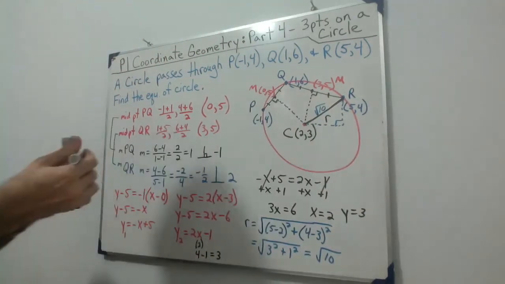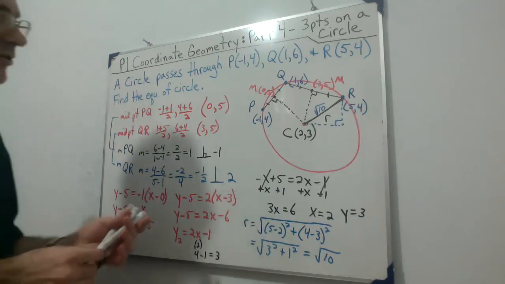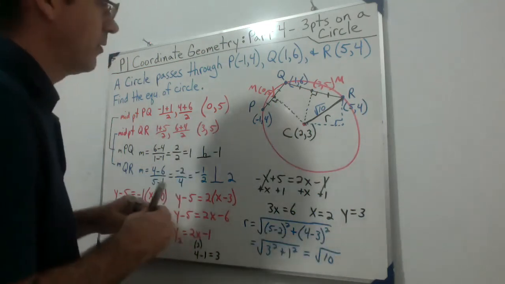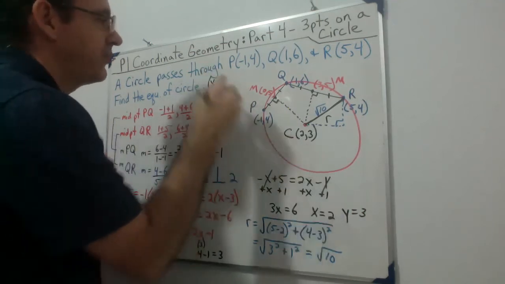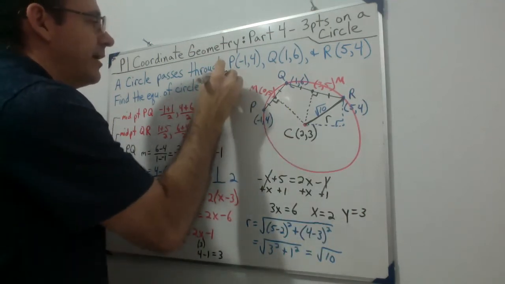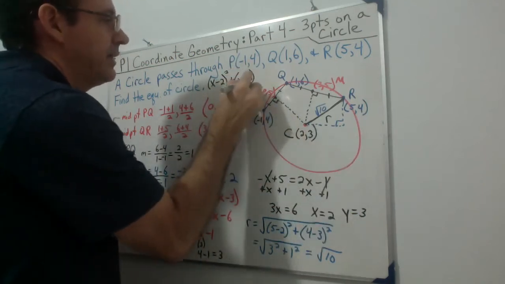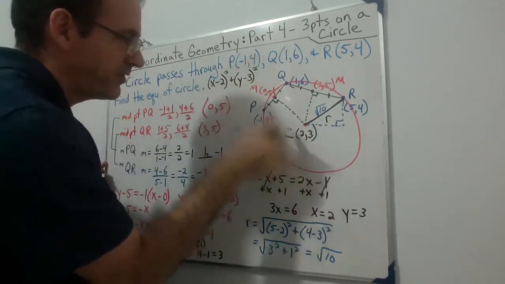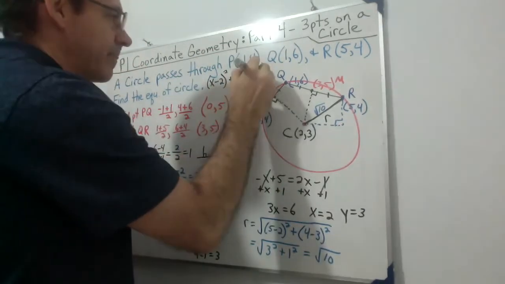Okay. Now what it asks for is the equation of the circle. So we'll try to fit it in here. x minus 2 squared plus y minus 3 squared. Remember, when you're going from center to equation, change the sign.